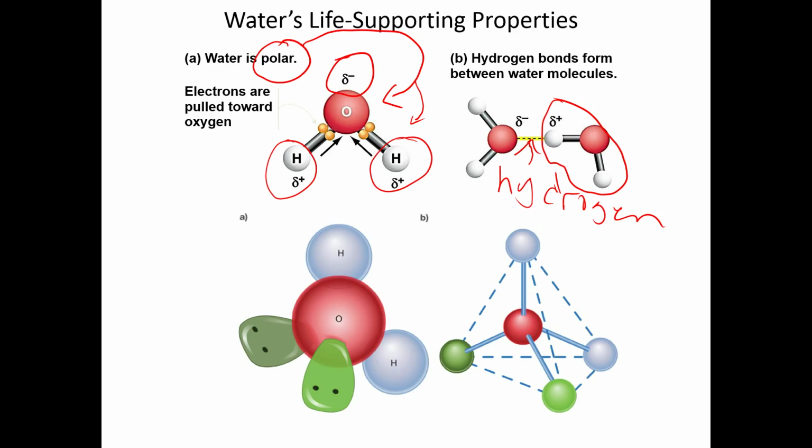Water molecules are capable of bonding with numerous other water molecules through hydrogen bonding. This little bitty partial positive charge here can interact with another oxygen with a partial negative charge, and so on.